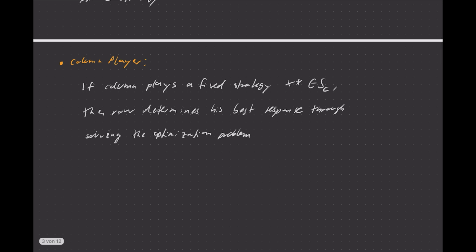The payoff that we get in the end would be y transposed A x star. Remember, column plays x star always. And Row has to choose a suitable y vector. And that would be the payoff that Row gets for a certain y vector. And Row wants to minimize that payoff, because with our convention, the payoff is what Row has to pay. So he would minimize over all y in SR. So that's the payoff that we would get.